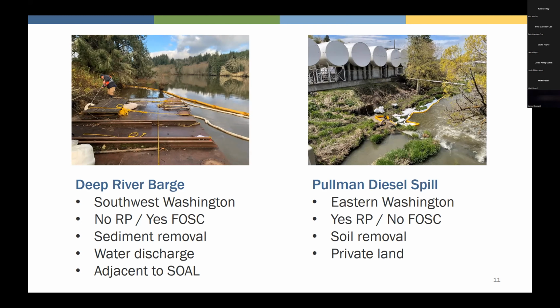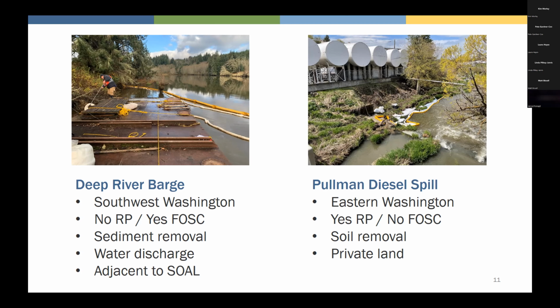So the Deep River barge and then the Pullman diesel spill, just really quickly, the main difference is they're in different regions. And so not only are you dealing with different environments, but you're dealing with different offices within an agency.